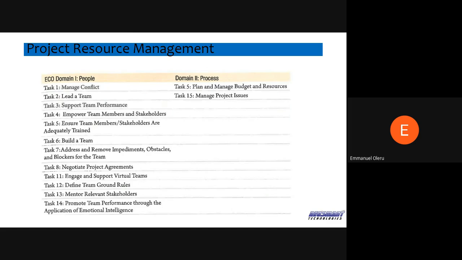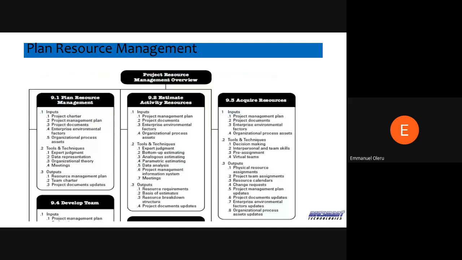For people, you're looking at how to manage conflict within the team, how to lead the team, how to support team performance, how to empower team members and stakeholders, how to ensure that team members and stakeholders are adequately trained, how to build a team, how to address and remove impediments, obstacles, which is one of the things that you're supposed to do majorly, how to monitor relevant stakeholders, how to promote team performance through the application of emotional intelligence. And therefore, process: plan and manage budget and resources and manage project issues.